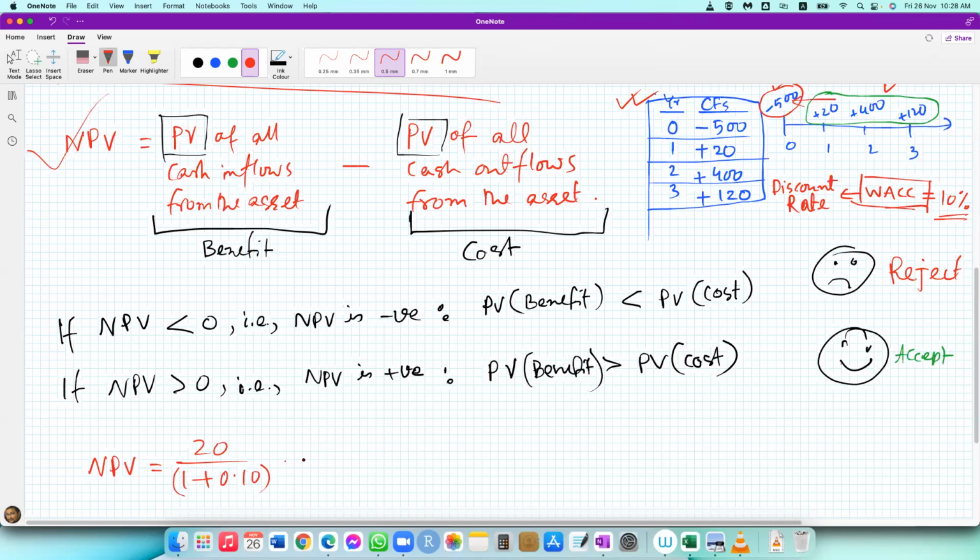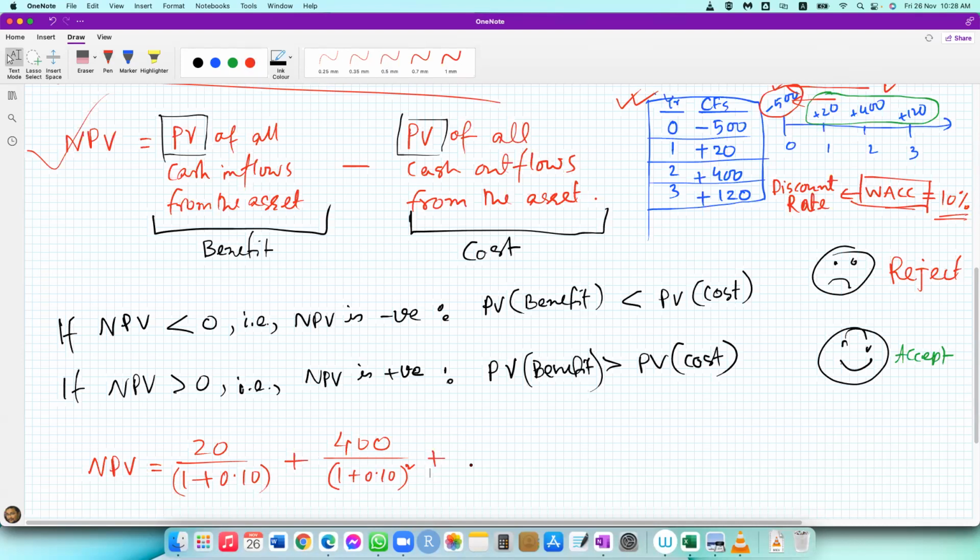Okay, now plus 400, another cash inflow, divided by 1 plus 0.10 to the power how much? Who can tell me? 1 plus discount rate to the power how much? 2, sir. 2, because we will discount it for 2 years.